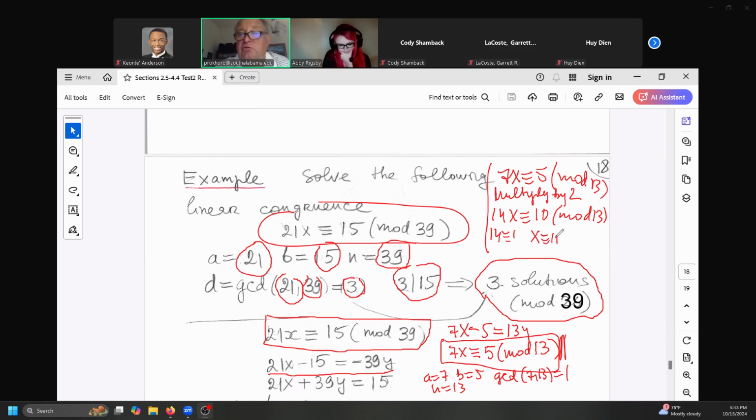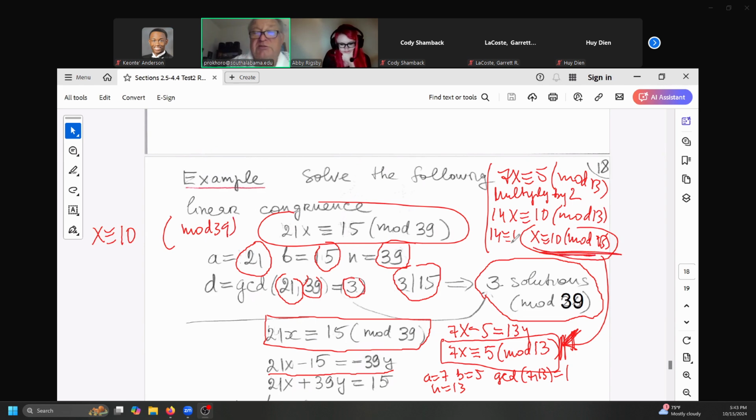So this means what is the answer for this problem? X is congruent to 10 modulo 13. This is the answer not for the original problem, but for this one, modulo 13. But we need to check modulo 39. And we write this solution also will be a solution for modulo 39. But how to find them? We know we need to find 3 solutions because D equals 3 right there. To find these 3 solutions, one more important idea.